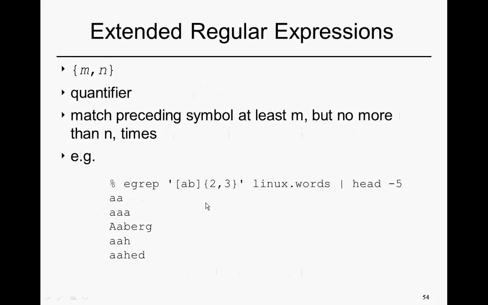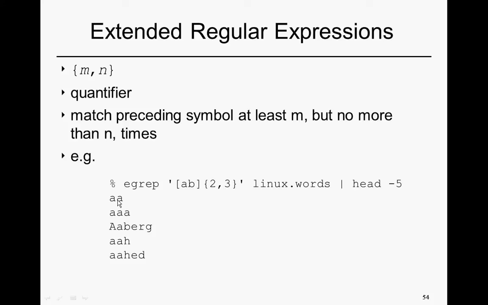Another thing we can do is define this quantifier which matches the preceding thing a certain number of times, between m and n times inclusive. So it matches at least m times, but no more than n times. Here's a situation where we need to match within Linux.words. We need to be in the right directory, as described in an earlier video. We match A or B at least 2 times in a row, and possibly as many as 3.